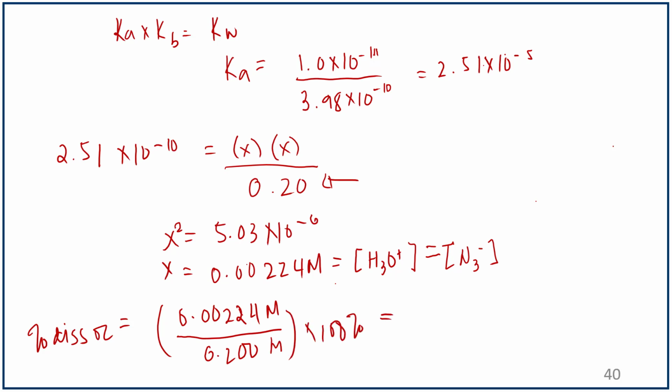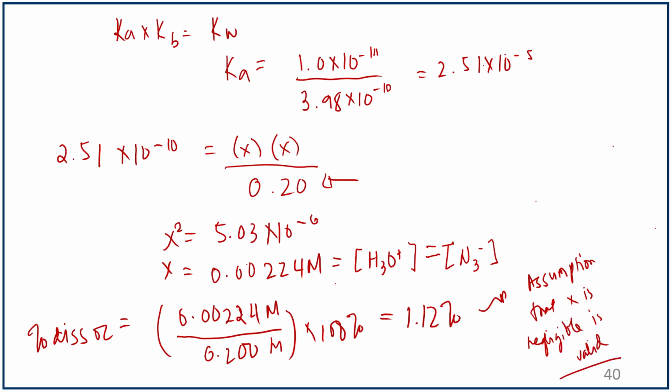And this number gives you 1.12%. So in this problem, not only does it give you the percent dissociation, but it also means that our assumption that x is negligible is valid.